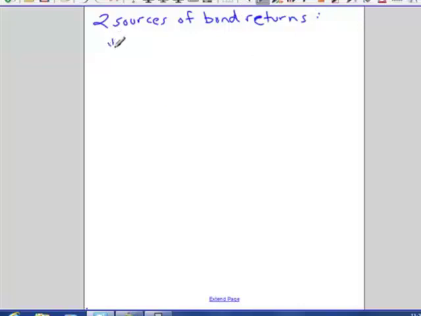And that is the coupons, and that serves as our current income, and then price changes, which result in a capital gain or loss.